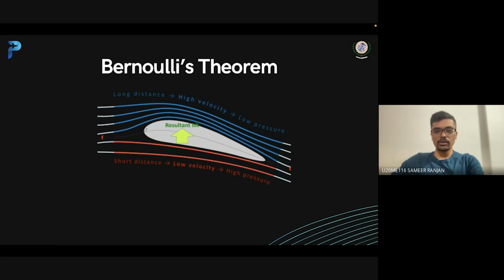In this slide, you can see the upper surface of the wing has a larger distance compared to the lower surface, and that's why the air has to travel a bit faster over the upper surface, which creates a low pressure region above and a high pressure region below the wing. Because of Bernoulli's theorem, this creates an upward force, which we call lift. So this was one of the theories.